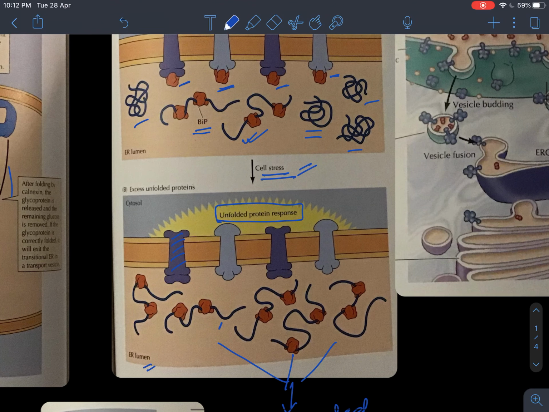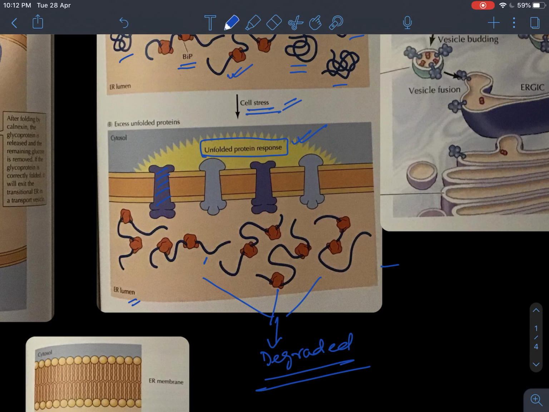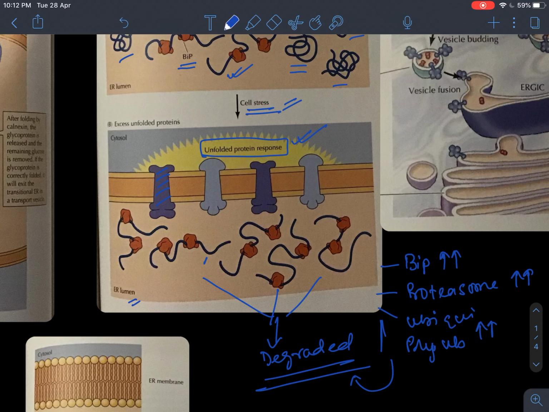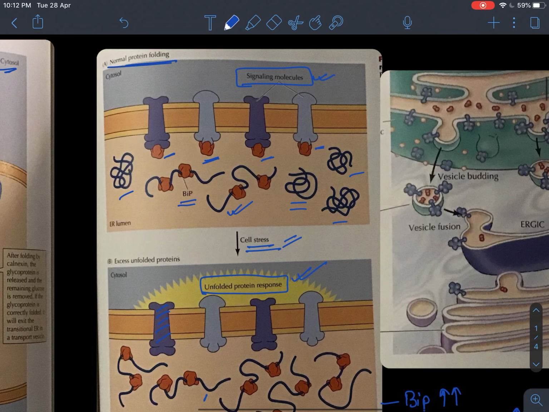But under cell stress, all the BiPs are concerned with the unfolded protein, so there is unfolded protein response, and as a result the BiP concentration will be more, and then the proteasome production will be more, ubiquitination or what we call polyubiquitination will be more, and as a result finally there will be more protein degradation. All the unfolded or misfolded proteins will get degraded.